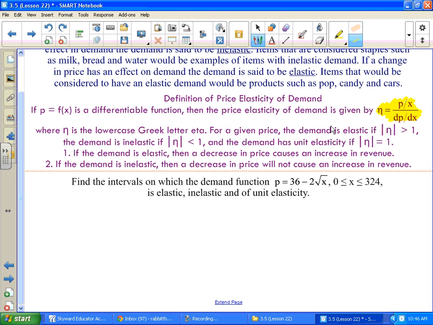For a given price, it's elastic if the absolute value of this eta, I don't even know how to say that, I'm assuming that's what it is, is greater than 1. It's inelastic if it's less than 1. And it has a unit elasticity, which means it's not really either, if the absolute value equals 1.